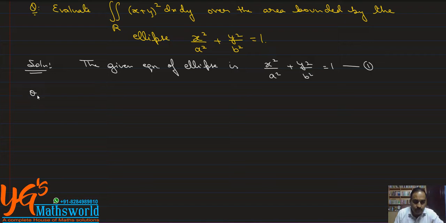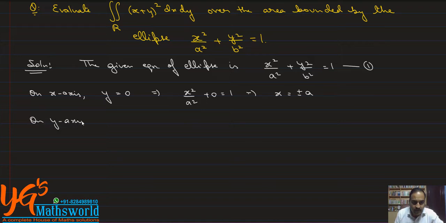Now on the x-axis we know that y is equal to 0. So this equation reduces to x square upon a square plus 0 is equal to 1, or we can say x is equal to plus minus a. Similarly, on the y-axis we know that x is equal to 0.